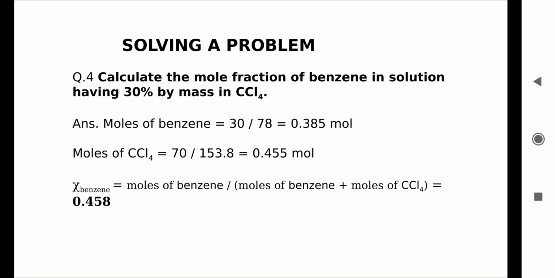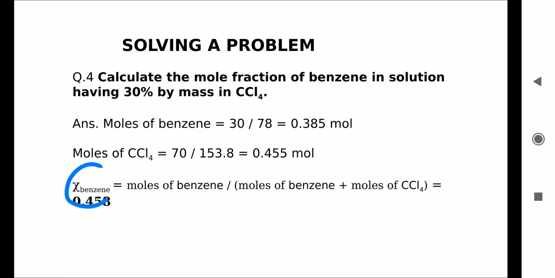For example, if we have to calculate the mole fraction of benzene in a solution having 30% benzene by mass in CCl4, that means 30 grams of benzene is given in 70 grams of CCl4. So the moles of benzene will be the mass of benzene divided by the molar mass of benzene, and the moles of CCl4 will be the mass of CCl4 upon the molar mass of CCl4, and we'll get the moles of benzene and moles of CCl4.